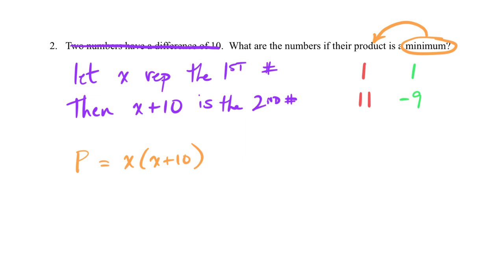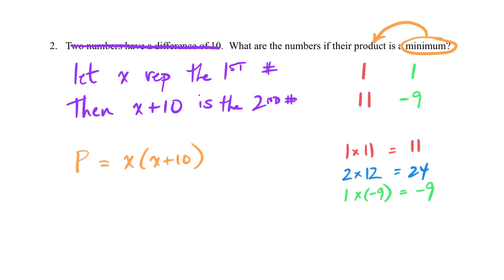Notice, if I took 1 and 11 as my pair, that would give me a product of 11. 1 times 11. But I could have also had like 2 and 12. Those two numbers are 10 apart. That would give me a product of 24. If I took my green ones, 1 and -9, then that gives me a product of -9.